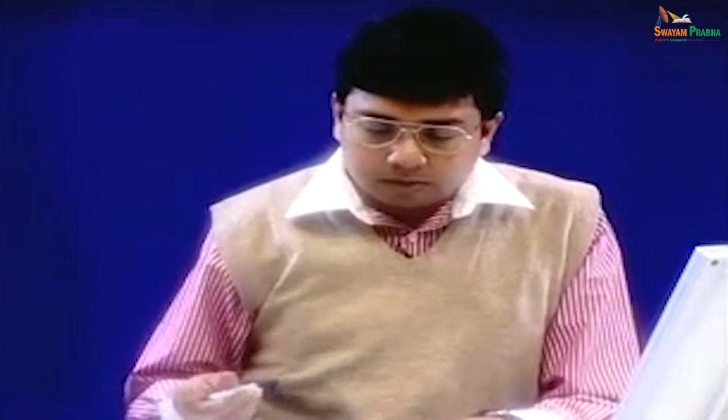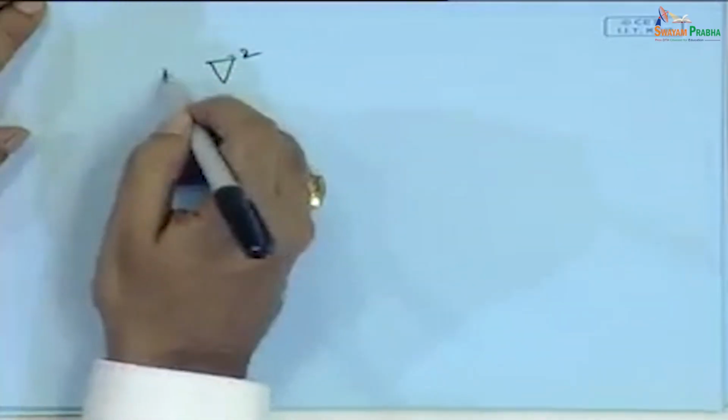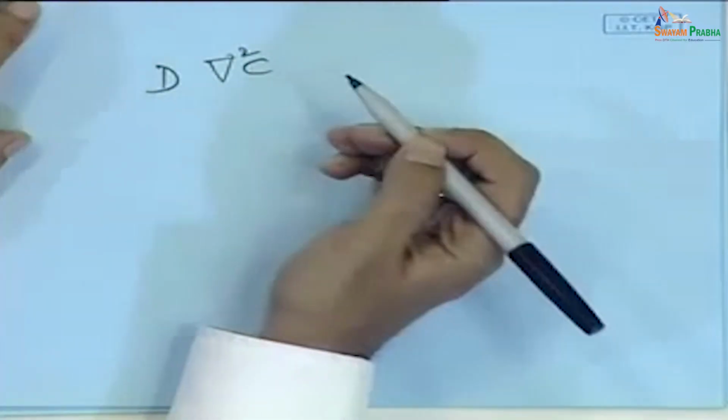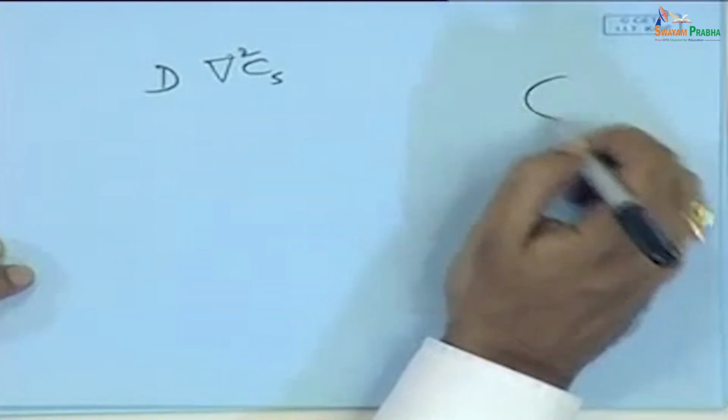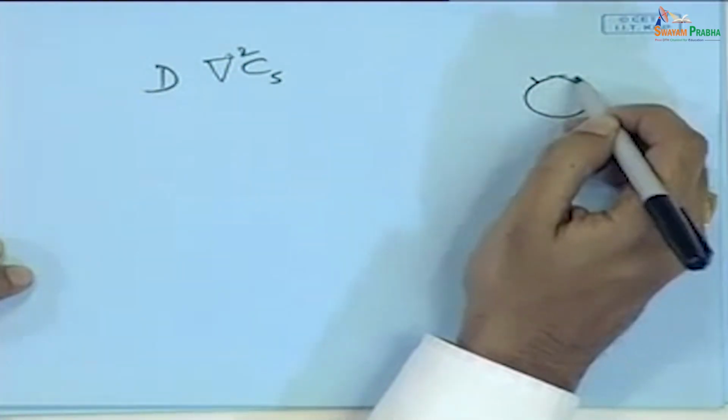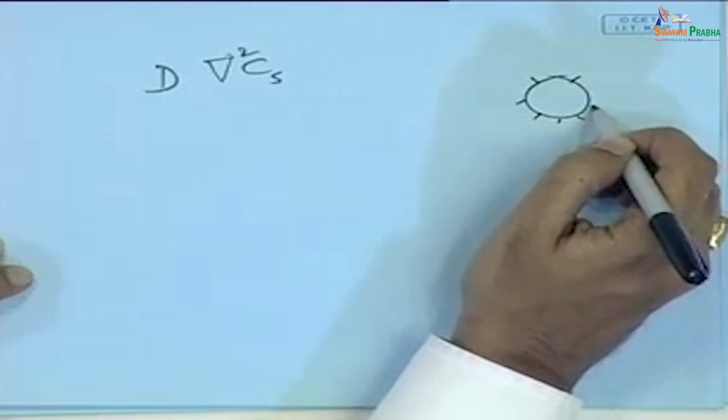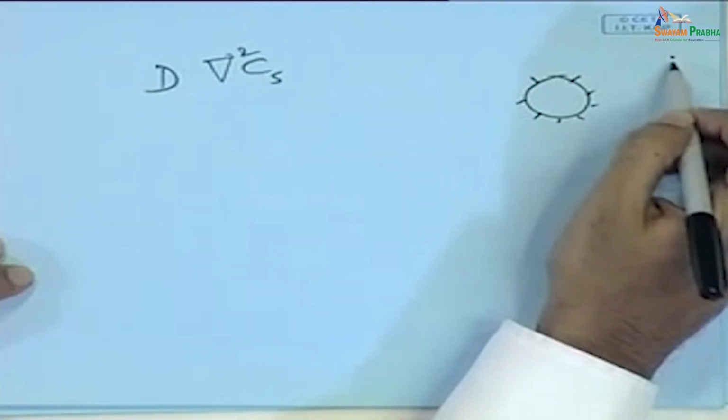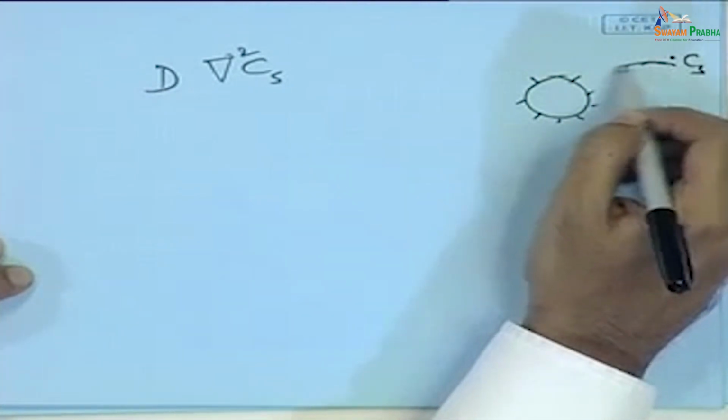So, if I ask you to write the diffusion reaction equation, you probably don't remember the diffusion equation for each of these coordinates. Do you remember? No, I think. So, I'll ask you to do that. This is diffusion into Laplacian of, and this is for the substrate. We are writing the equation for the substrate. So, this is my matrix, with the enzyme stuck out here, and the substrate is coming from wherever to this.